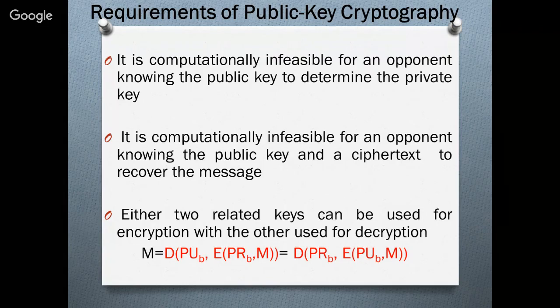That is given in mathematical format as M equals the decryption algorithm with the public key and the ciphertext, or the decryption algorithm with the private key and the ciphertext. So the ciphertext can be produced by encrypting the plaintext message with the sender's own private key, or by using an encryption algorithm on the plaintext message with the public key of the receiver. So I can use any one concept over here.